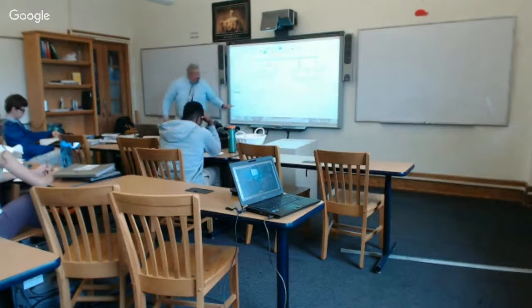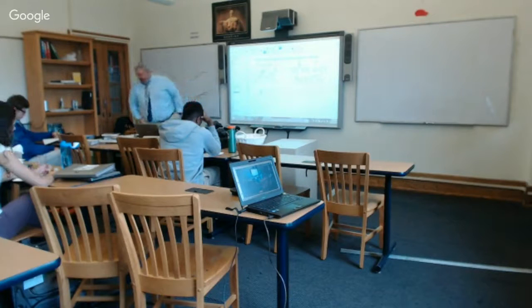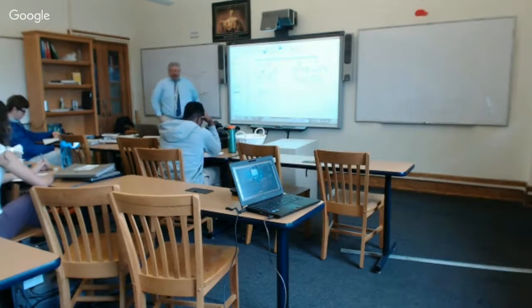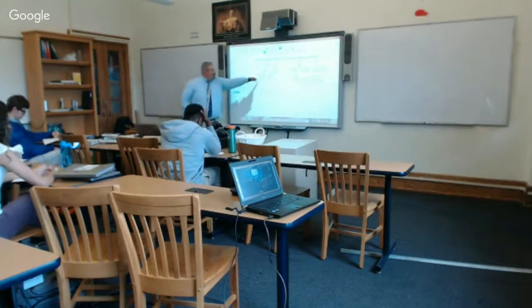So this answer, 27, is not an extraneous root, it works. It is a solution to the problem. Do we understand this part? We're going to get the exponent of the variable to be 1.